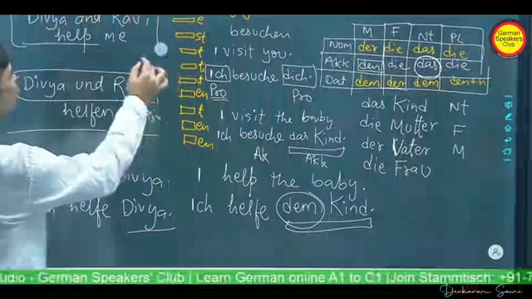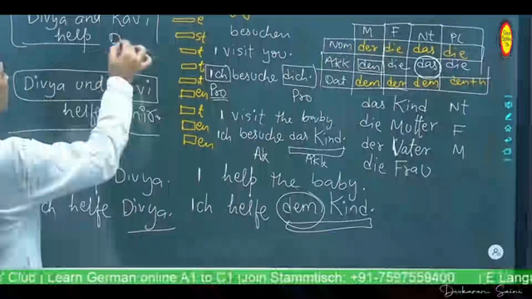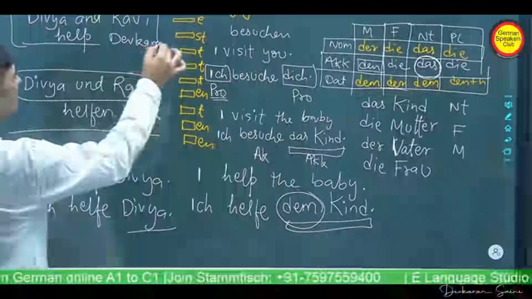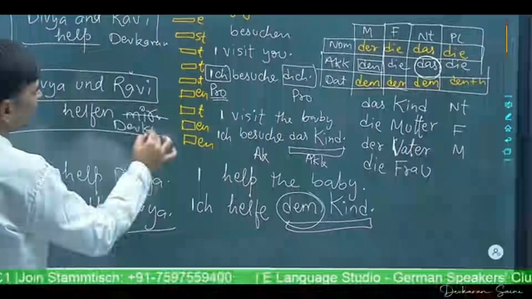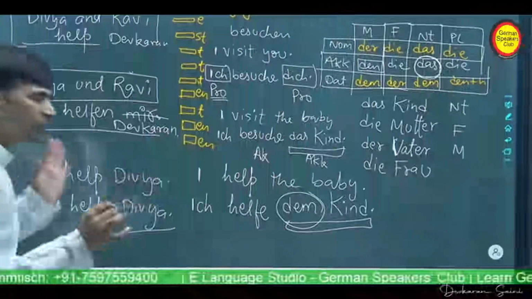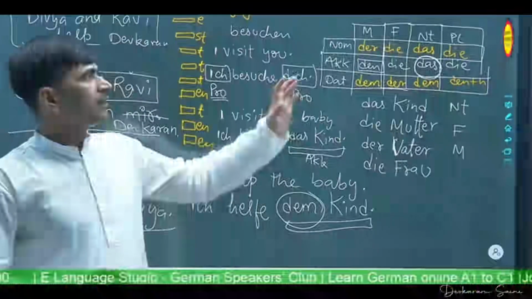Divya und Ravi helfen, and for me, what would I put? Mir. That is mir, because for personal pronouns, if you remember, ich, mich, mir, for dative it would be mir.